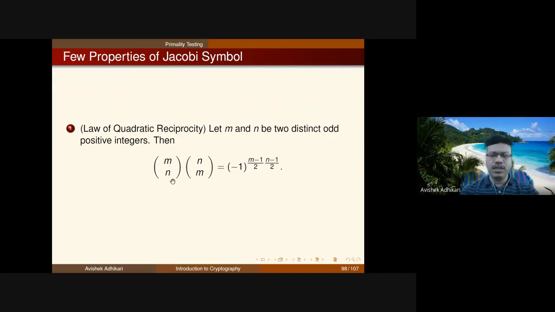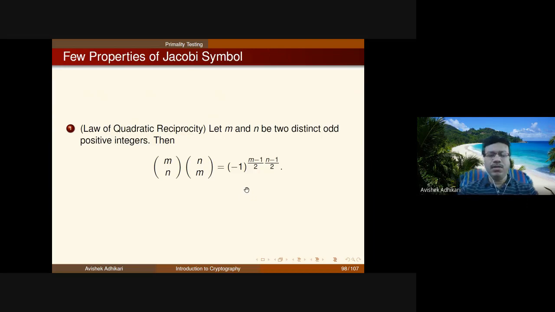So this is (m/n) times (n/m), where n and m are two distinct odd positive integers. Then this is the same as minus 1 to the power (m minus 1) by 2 into (n minus 1) by 2. So that is the result. And based on that result, you can very easily calculate these values.